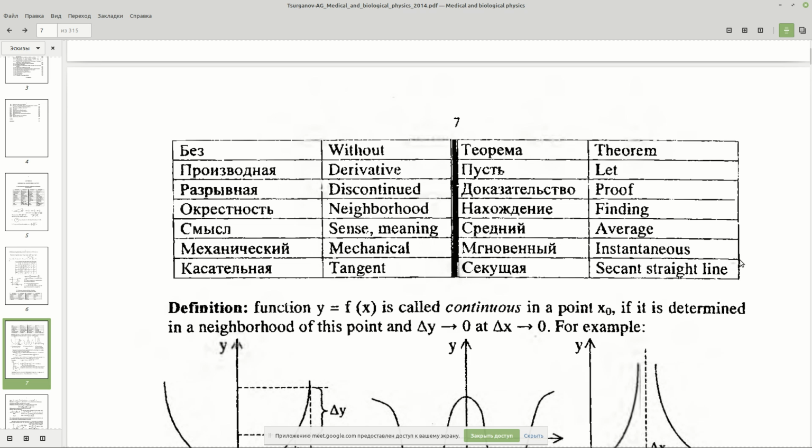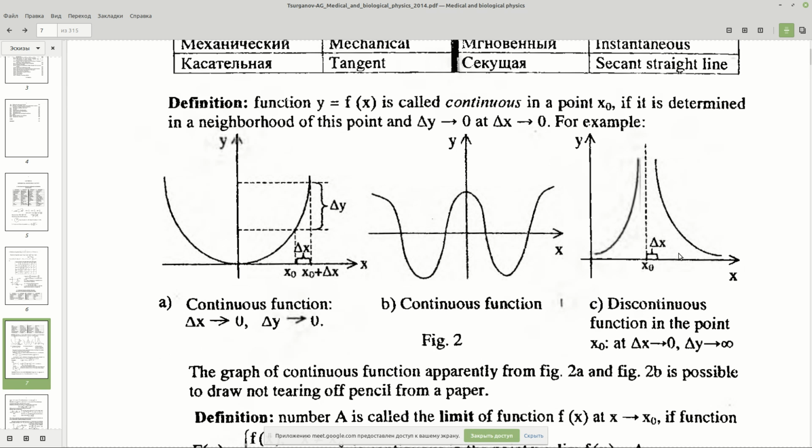So we have the definition of the continuity of a function. The function y equals f of x is called continuous at a point x0 if it is defined in the neighborhood of this point and delta y goes to 0 as delta x goes to 0. For example, we have two variants of continuous function, a and b, and c is a discontinuous function at the point.